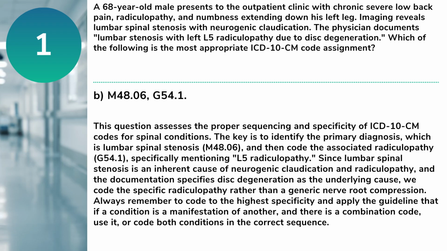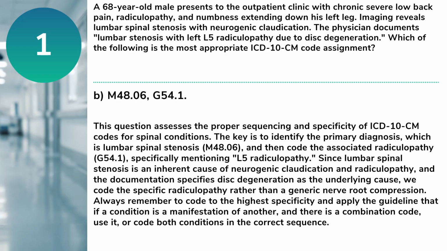M48.06, G54.1. This question assesses the proper sequencing and specificity of ICD-10-CM codes for spinal conditions. The key is to identify the primary diagnosis, which is lumbar spinal stenosis, M48.06, and then code the associated radiculopathy, G54.1, specifically mentioning L5 radiculopathy.